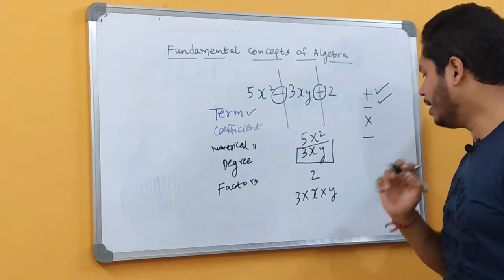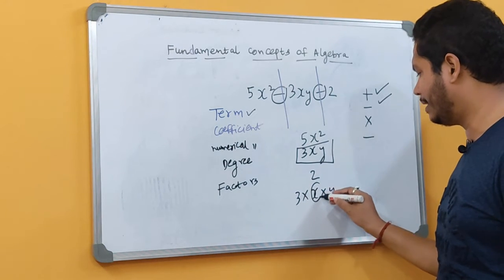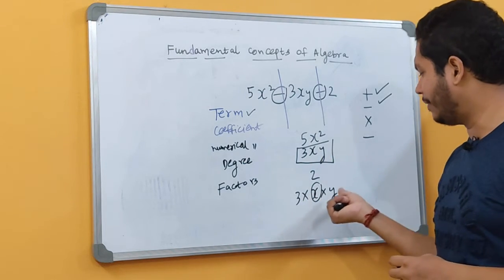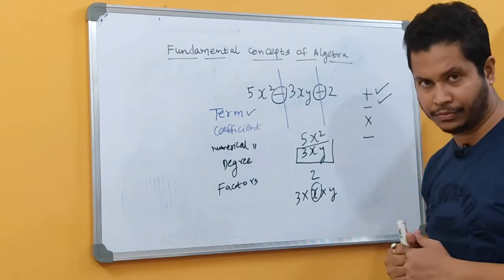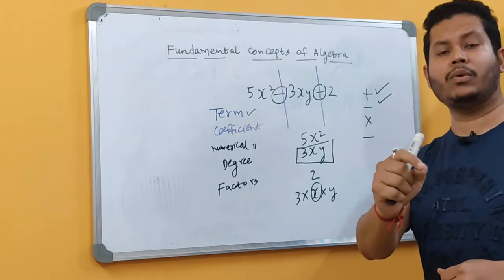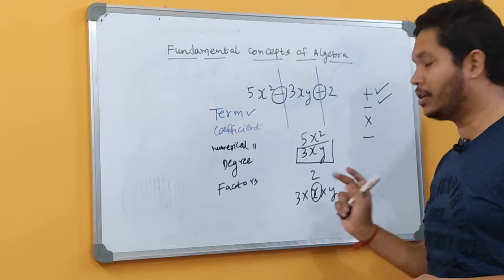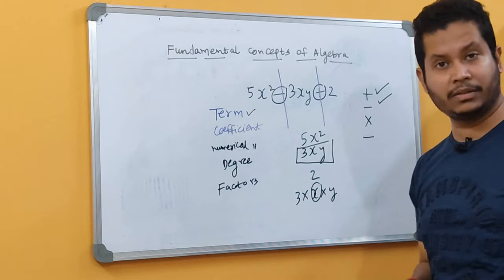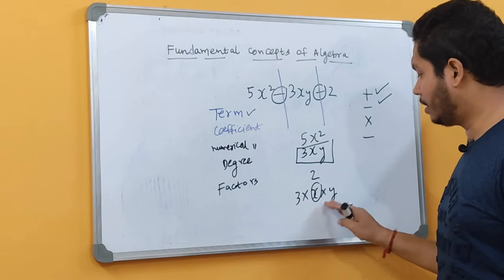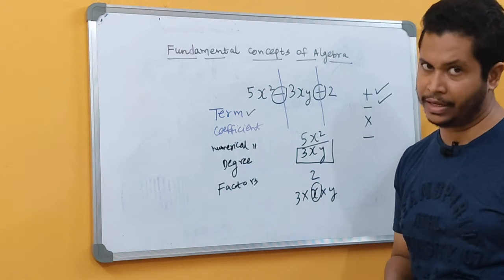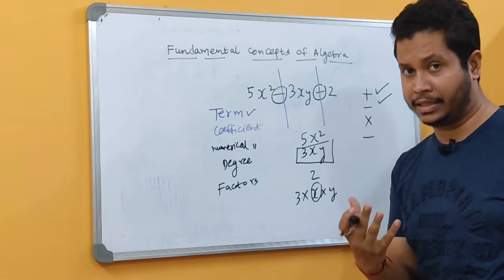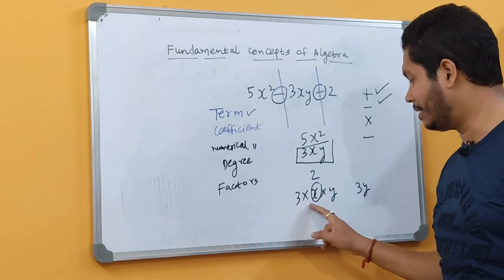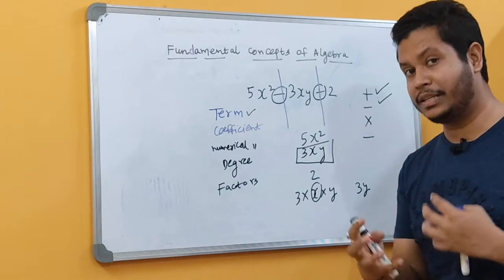Now if I want to know the coefficient of x in this term: coefficient basically means that for any term, we write all the individual factors in multiplication form. If I ask what the coefficient of x is, you see what other factors we have other than x. In this term, other than x, we have two more factors, 3 and y. If I write them together in multiplication, that becomes 3y. So the coefficient of x in this term is 3y, and that is how we decide the coefficient.